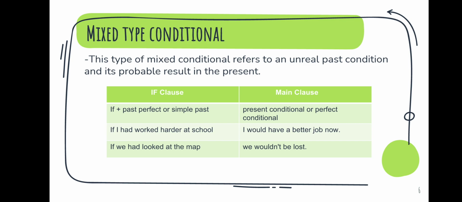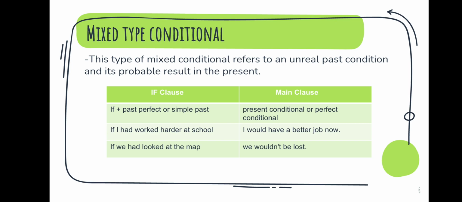Another last type of conditional is the mixed type conditional. The situation would be, if this thing had happened, this thing would happen. Or, this thing didn't happen, so this thing isn't happening. Mixed type conditional is used to refer to a time that is in the past and a situation that is ongoing into the present.